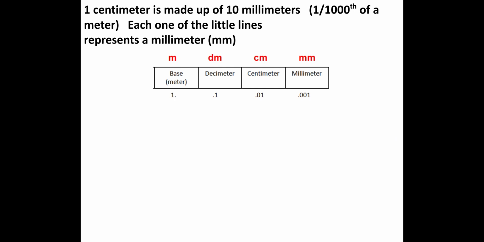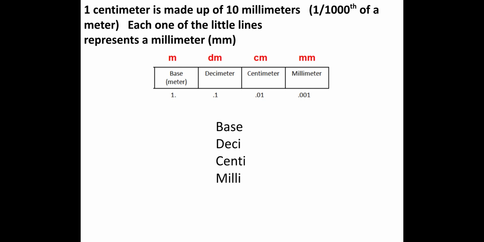You have another smaller unit, which is a millimeter. It is 0.001 of the meter, or you can say that 1 meter is equal to 1000 millimeters, or 1 meter is equal to 100 centimeters, or 1 meter is equal to 10 decimeters.